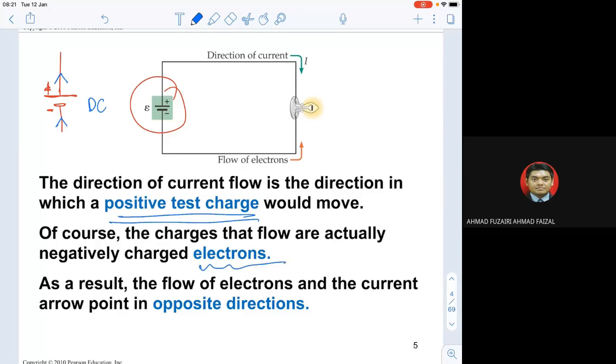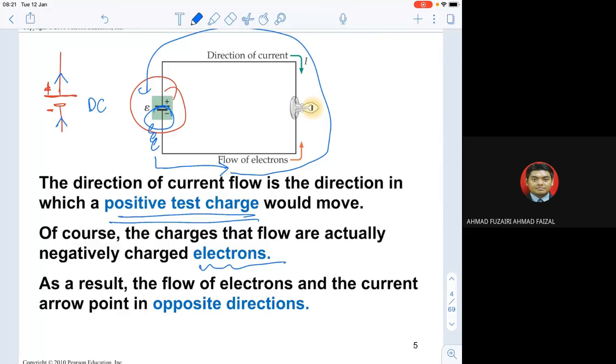We know a lot of electrons are at the negative terminal, so the flow of electrons goes from the negative terminal to the positive terminal, because the electron should meet the positive charge.